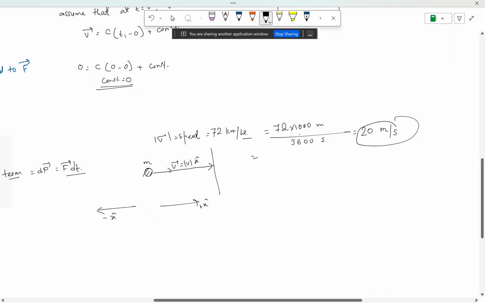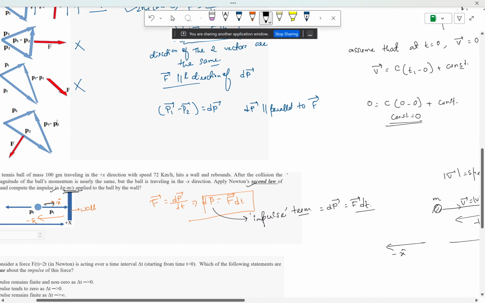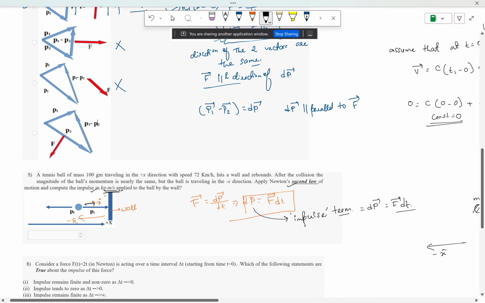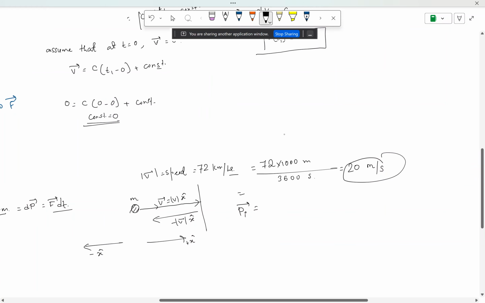Now after rebounding from the wall, it moves in the minus direction, so instead of x cap, it is minus x cap now. The initial momentum of this ball, p vector, is equal to mass, which was 100 gram. You have to convert 100 gram into kg because the options are given in kg. So m equal to 100 gram is 0.1 kg.